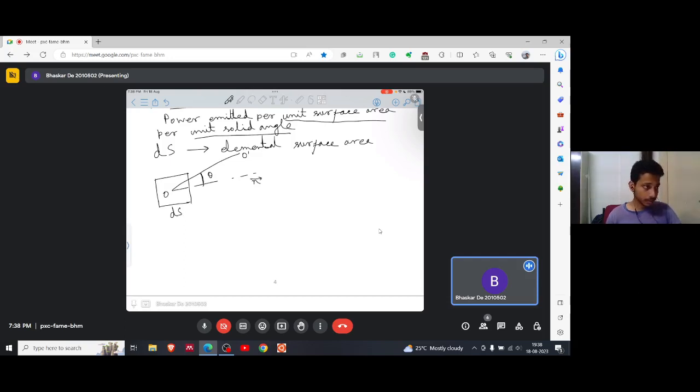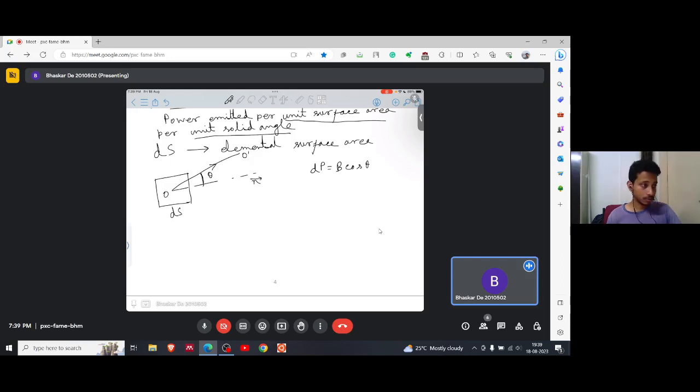Now the power emitted from this source is dp. The power dp is emitted by ds into a solid angle d omega around the direction O dash. So dp can be written in terms of B cos theta, where theta is the angle between O dash and n, the perpendicular to the surface.